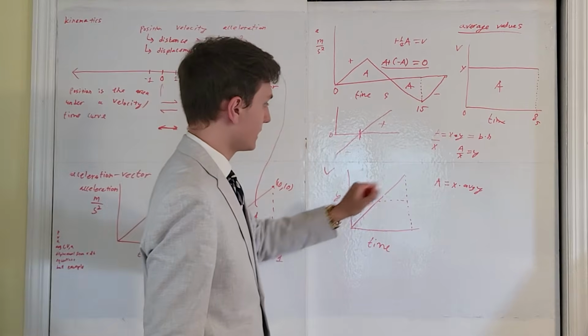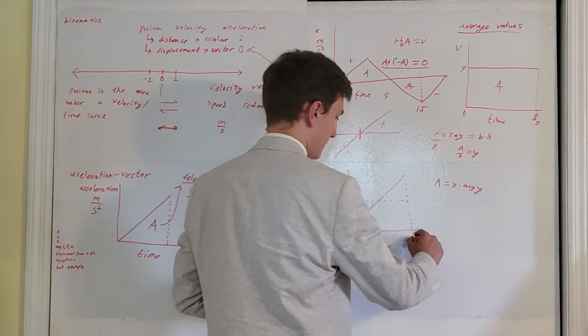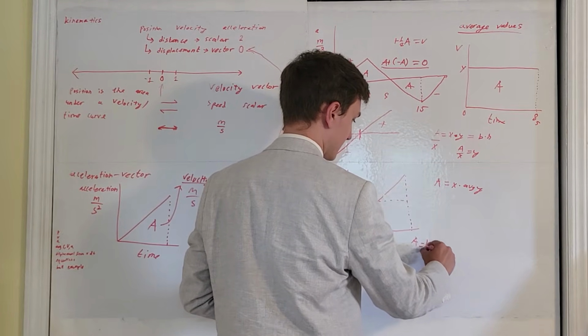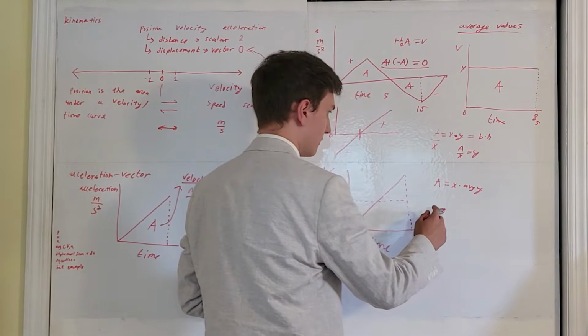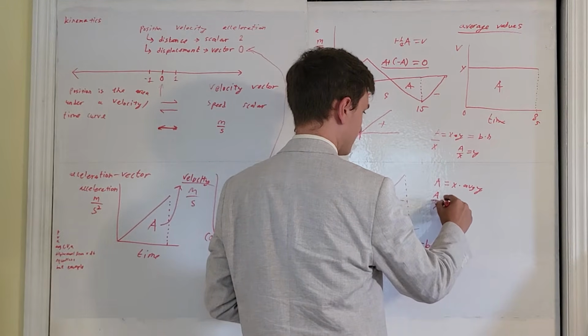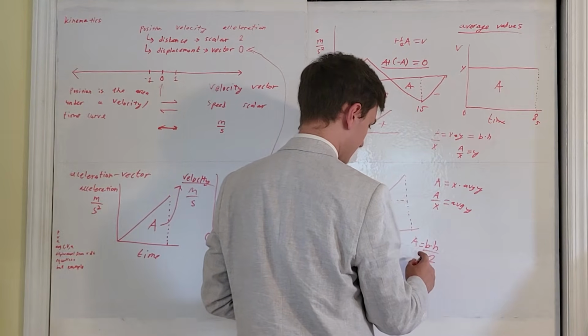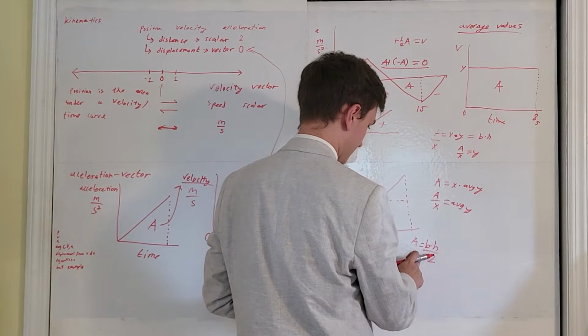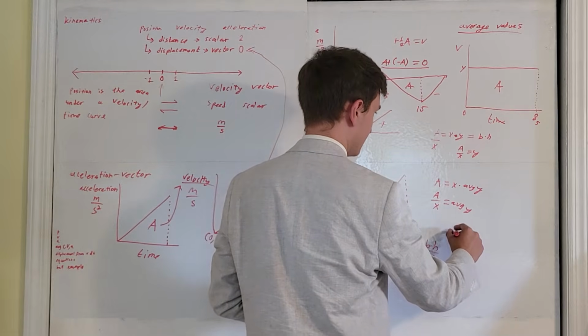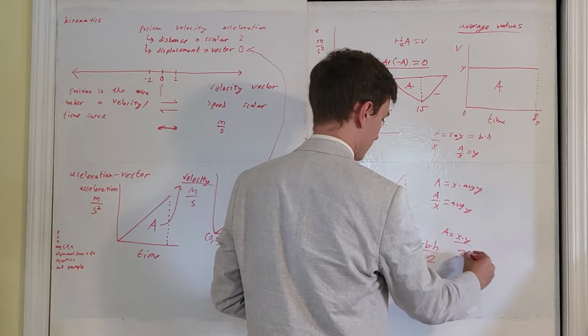In this case, our y value is not constant, so we would need to find the area of this shape. Area equals base times height over 2, and then we would use this equation. A over x equals our average y value, and we would simply divide by x. So remember how I said b times h is equivalent to x times y. Our area is equal to x times y over 2.